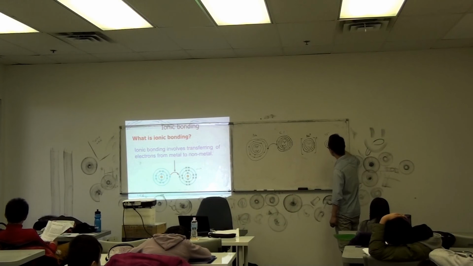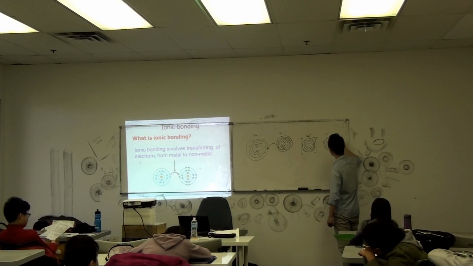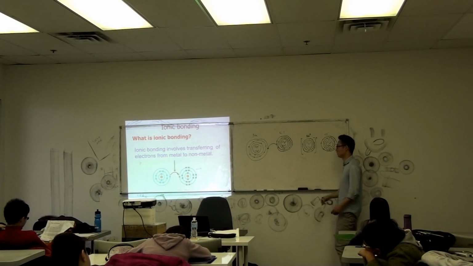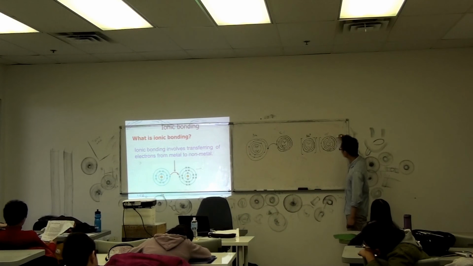1, 2, 1, 2, 3, 4, 5, 6, 7, 8. This is the special electron that is now in chlorine.